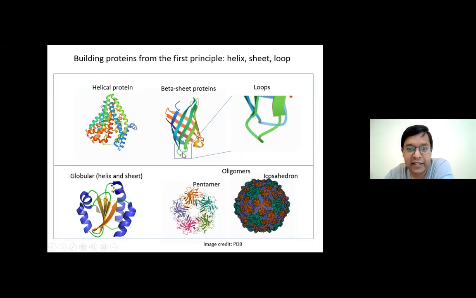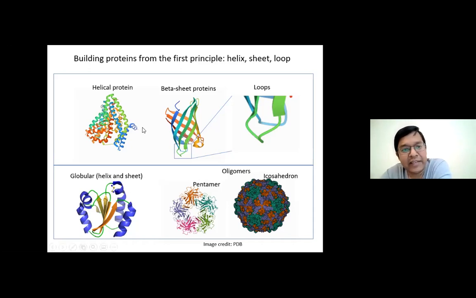The third kind is what we call loops, and these loops do not have a very rigid structure, but they connect all these beta strands or alpha helices. These are three very fundamental structural elements that proteins have, and most proteins are built from these three elements. Just the way, as I said, a house is always built from roofs and foundations and walls and windows, and that's the analogy I wanted to use.